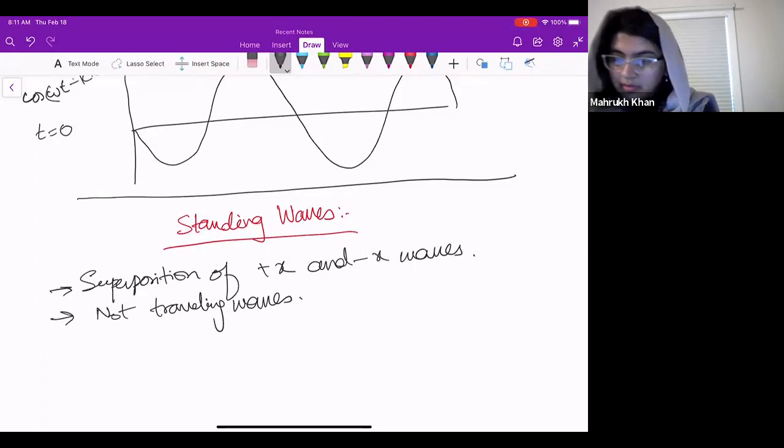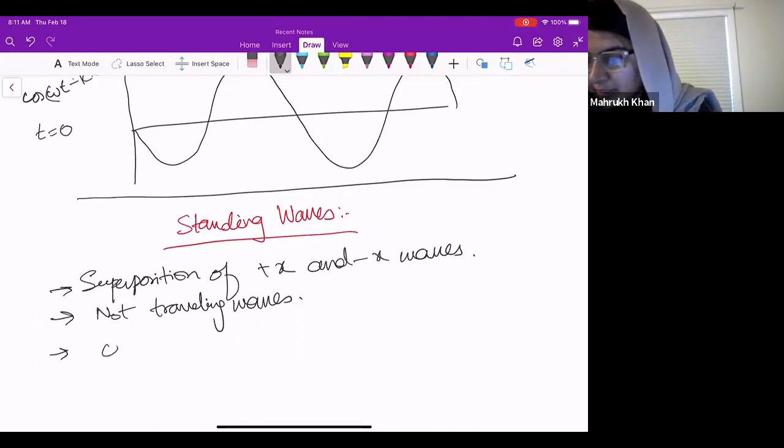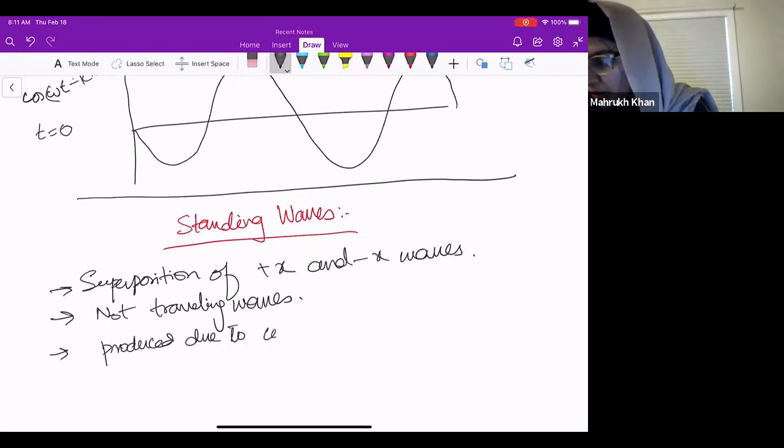So when the plus x and minus x waves are superimposed, they will be produced due to constructive or destructive interference.